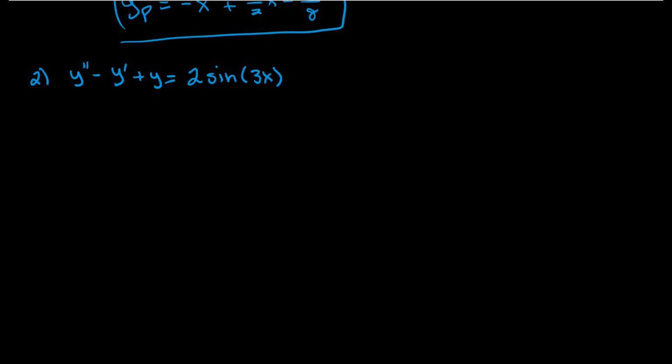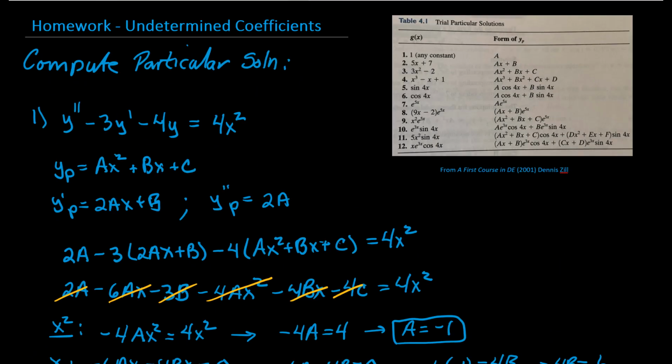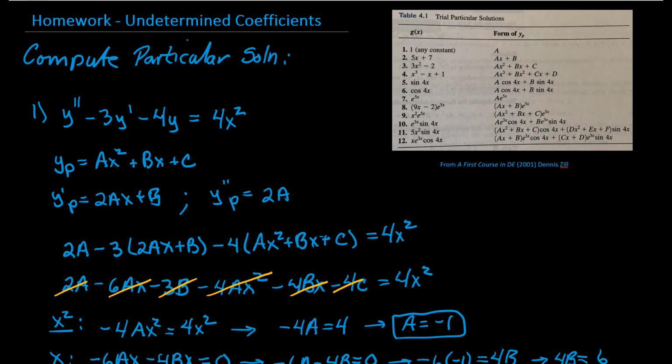In this case, we have to be careful because we have not just a proposed solution, but we're going to need the derivative of it. And remember, the derivative of sine is cosine. So when we choose a possible solution, we're going to need to involve not only sine in our solution, but cosine as well. We've got something like sine, except in our case, we have sine of 3x and not 4x.